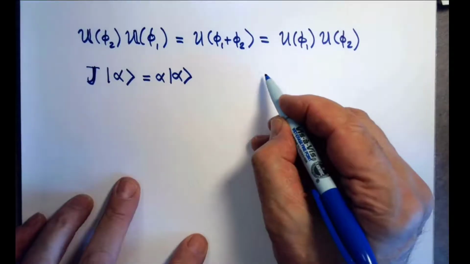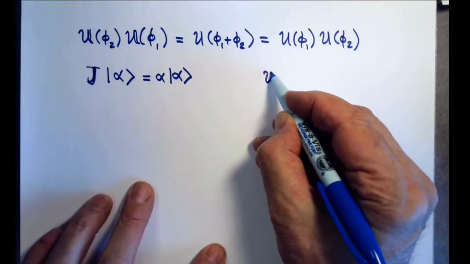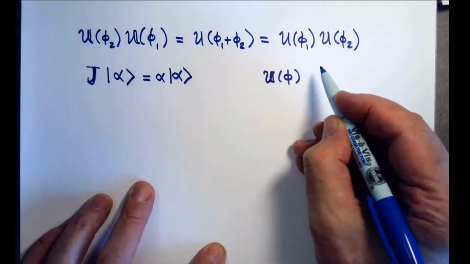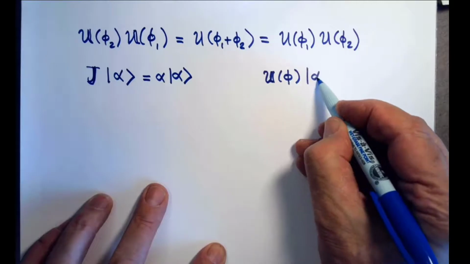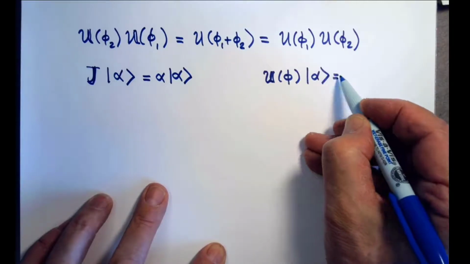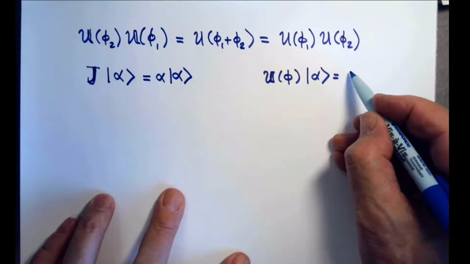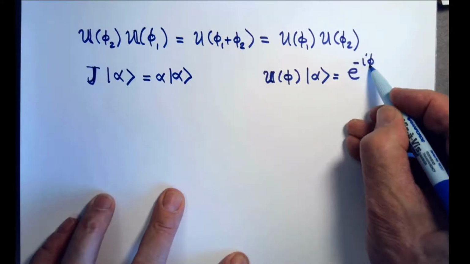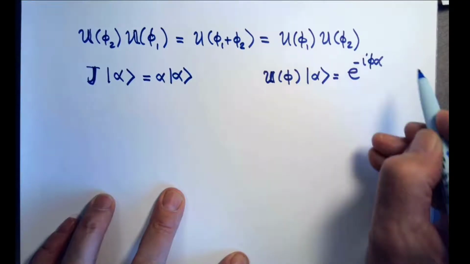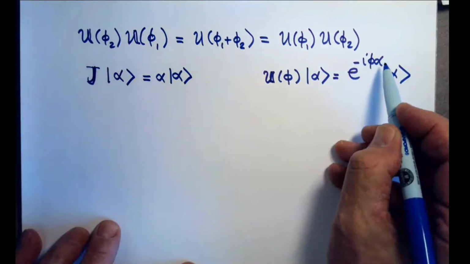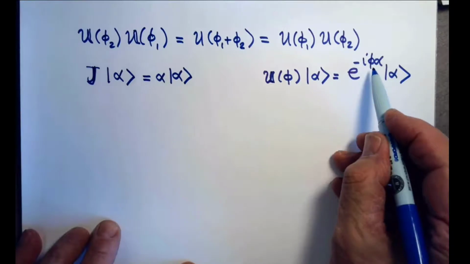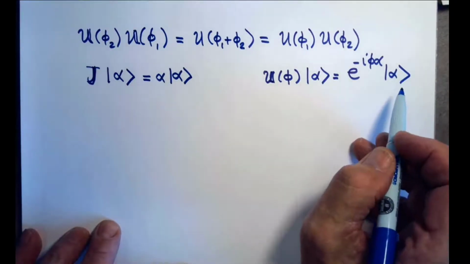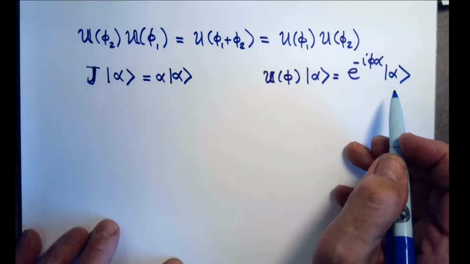So if you find that, then by exponentiation, whenever we apply the finite rotation to such an eigenstate, eigenvector, we will get e to the minus i phi alpha. U is e to the exponent of J multiplied by phi. But in this particular basis the matrix J takes values alpha.